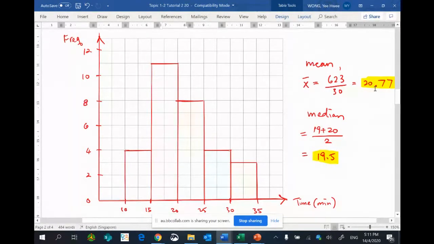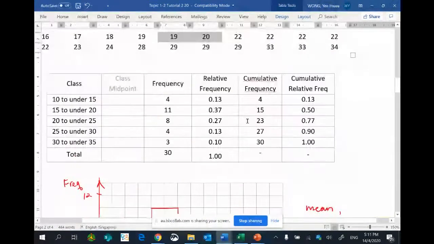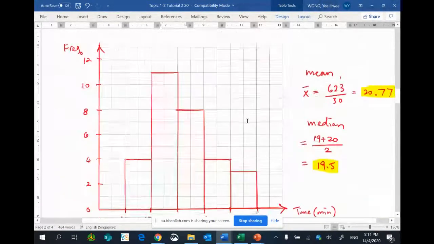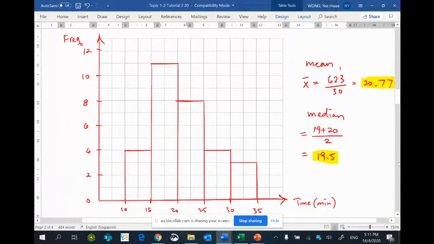So when the mean is higher, you plot this graph, you will get a histogram which looks like this. What is the shape? It's longer on the right hand side, right? It seems to be longer on this side, so it is a right skew.